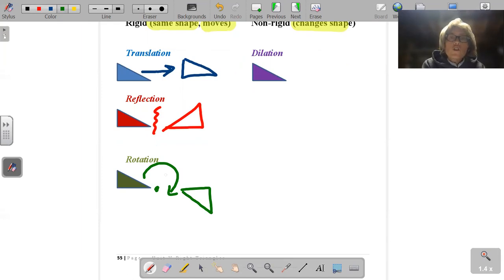Reflection, translation, and rotation are called rigid transformations because they keep the same shape, they just move it around.